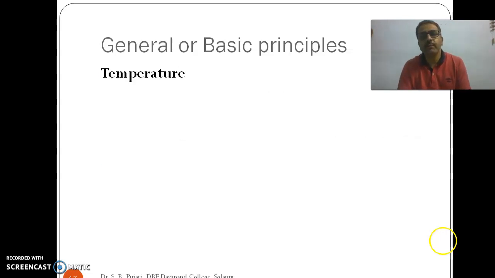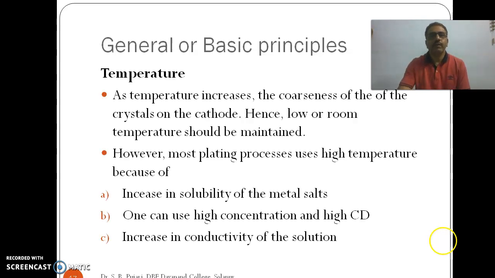The next important basic principle is temperature. As temperature increases, coarseness of the crystals on the cathode takes place. That means if you increase the temperature, the conductivity of the solution increases, more metal ions move towards the cathode, and instead of uniform thickness, most of the metal ions are in a queue, in a race for deposition, and instead of fine crystals growing, you will get coarseness. Therefore, room temperature or lower temperature should always be maintained during the electroplating process.